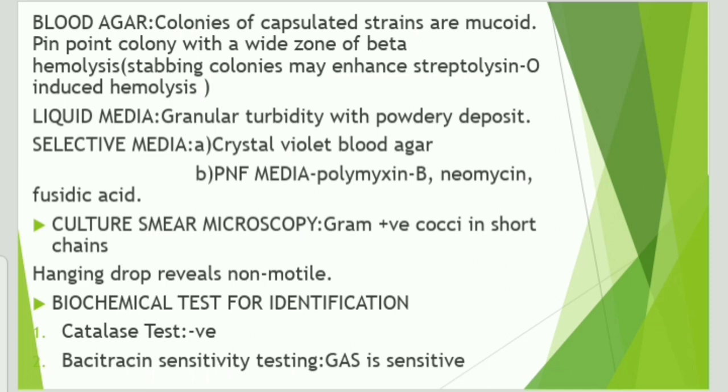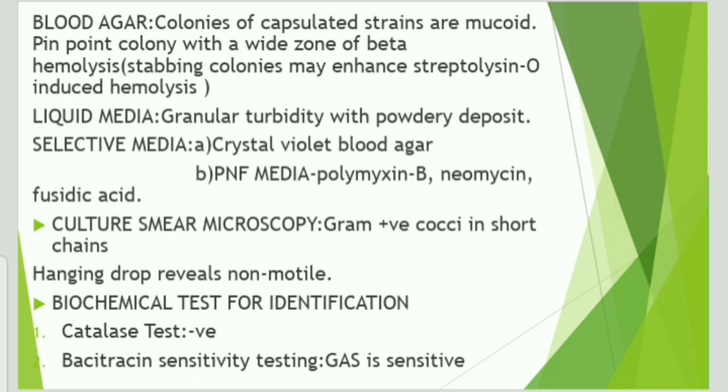This medium is composed of horse blood agar with polymyxin B, neomycin and fusidic acid. Two selective media, first one crystal violet blood agar, second one PNF media. In the hanging drop method, to check motility, it reveals that it is non-motile. Now we discussed the culture.